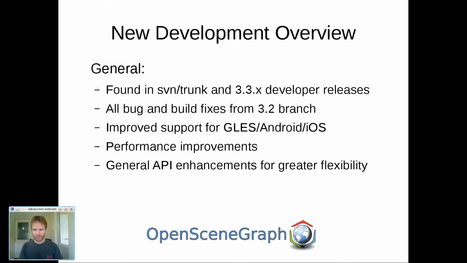All bug fixes and build fixes from the 3.2 branch are part of the SVN trunk, and also all the improvements for GLES and Android and iOS, and a few additional ones above what's in 3.2.1, are also part of the latest developments in the SVN trunk. There's been various different performance enhancements, and also perhaps the most important for most users, some general API enhancements for greater flexibility.